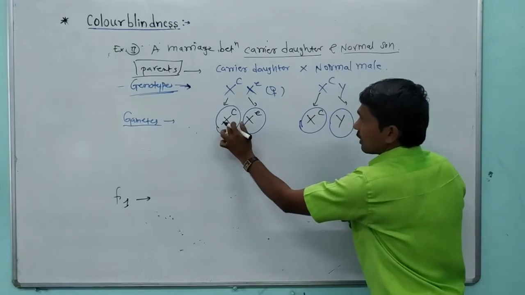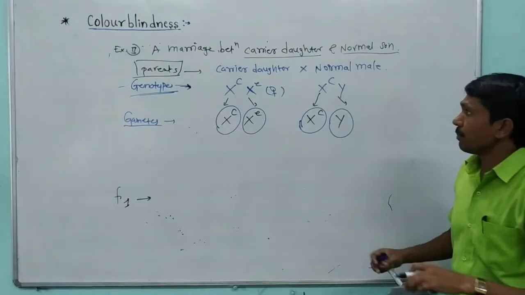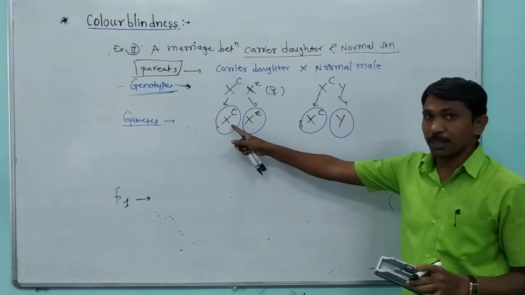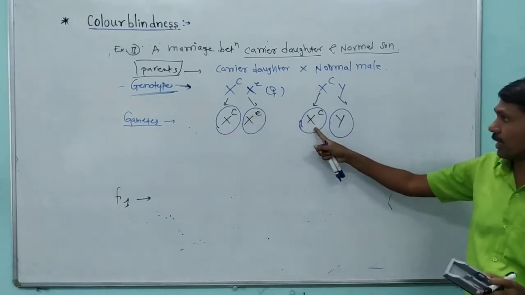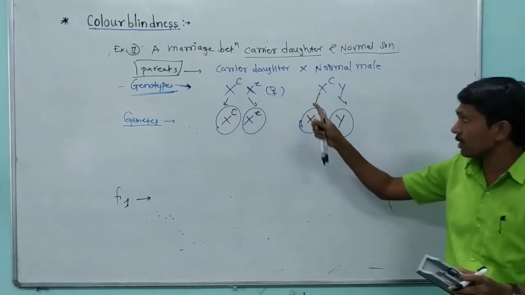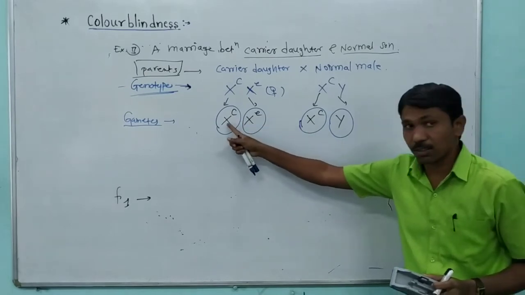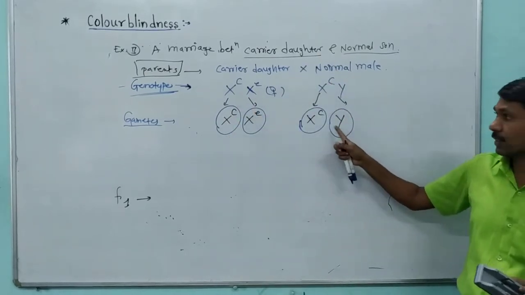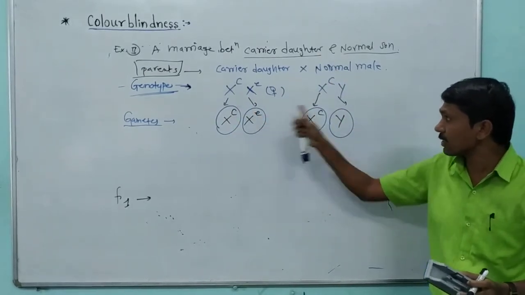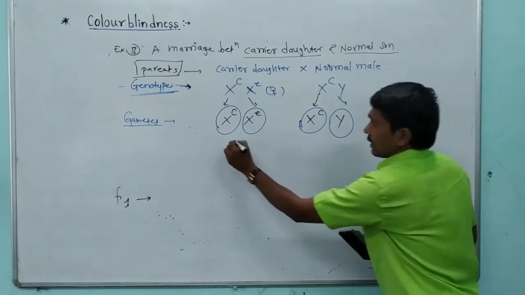So here the first X chromosome is crossed with the X and the X chromosome is also crossed with the Y. Then X with X and X with Y. Like that, the first cross.